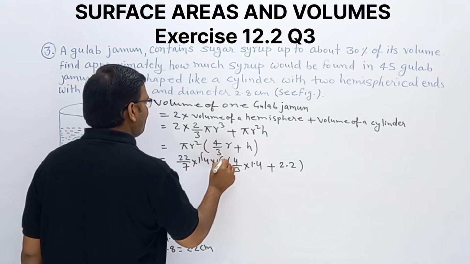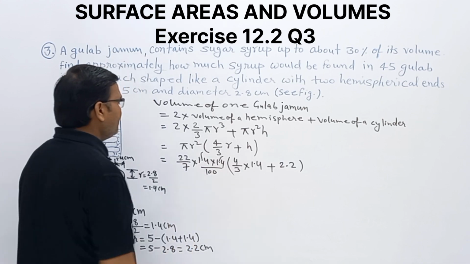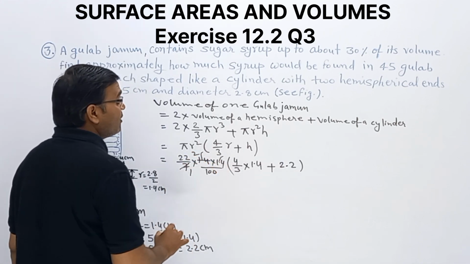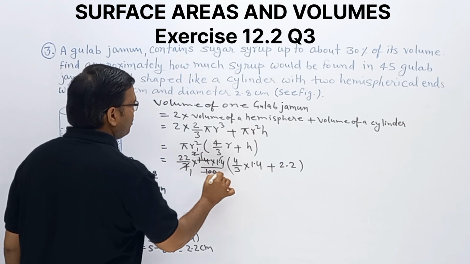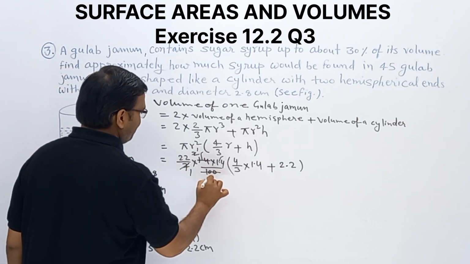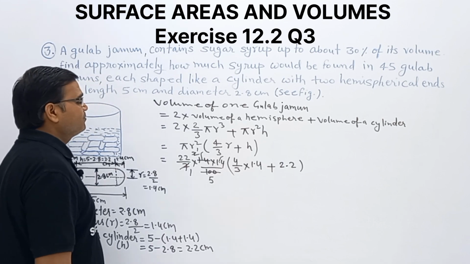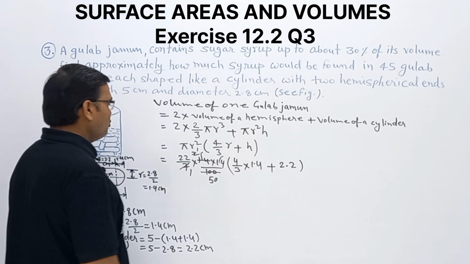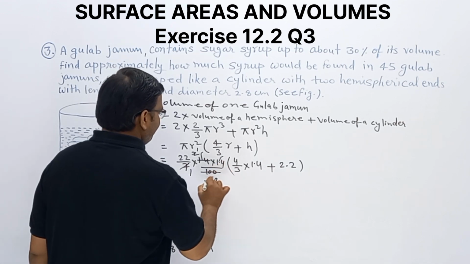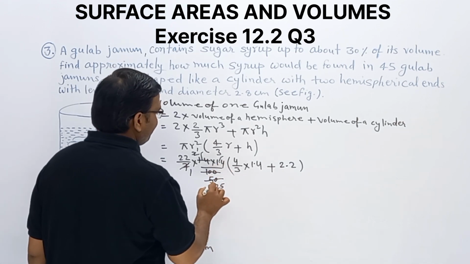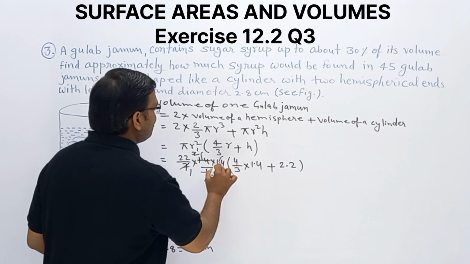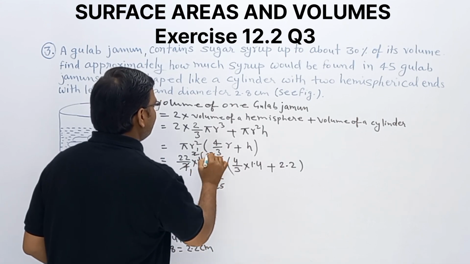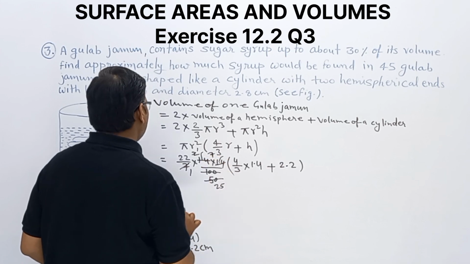Now solve this one. Observe, remove these decimal points. What do we get? 100. 7 ones are 7, 7 twos are 14, 2 ones are 2, 2 fives are 10, 0, 50. Clear? Now solve this one. 25 times, divide by 2. 25 times it is going, and 7 times it is going.